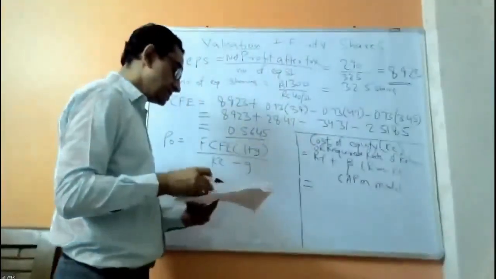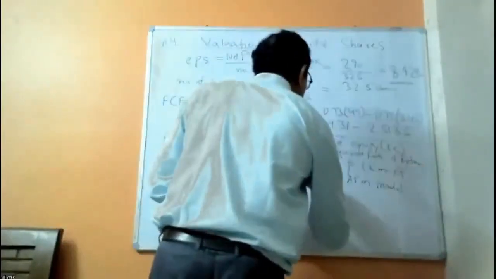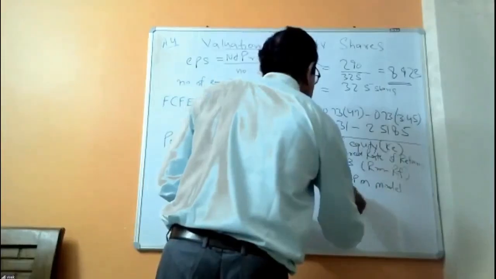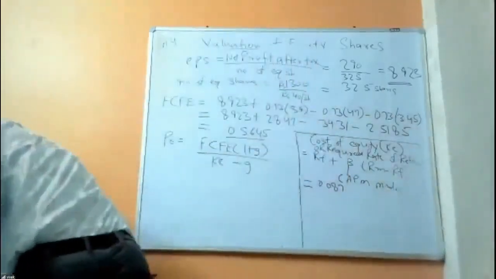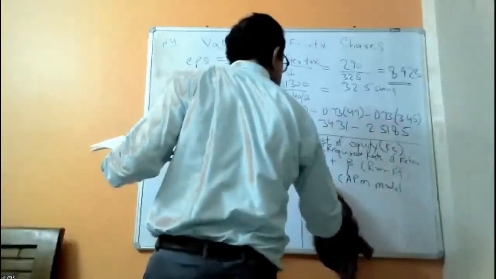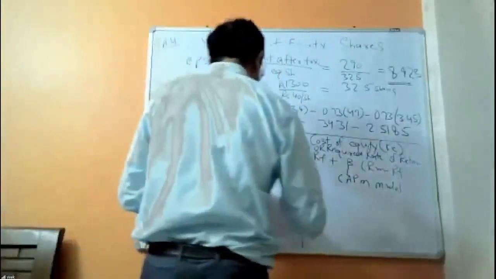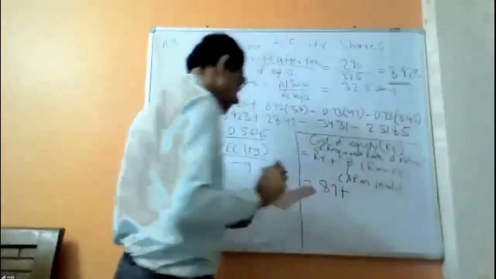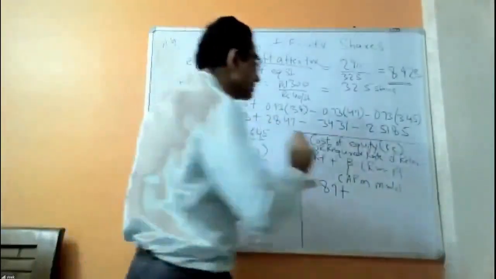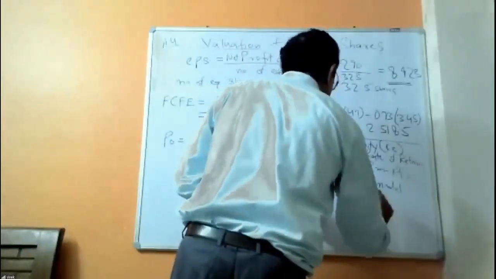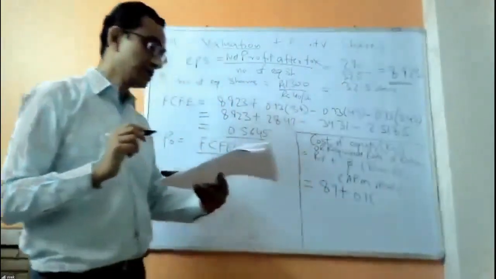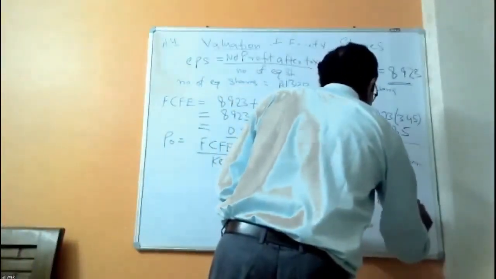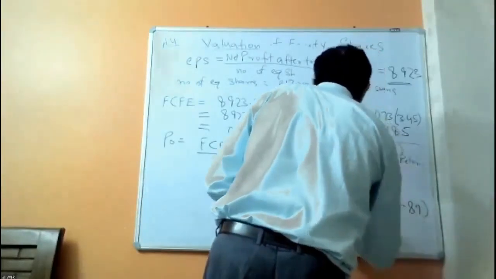The risk-free rate is given in the question, 8.7, plus beta. Beta is given in the question, beta is 0.1. RM is the market rate, RM is given as 10.3%, 10.3 minus the risk-free rate, which is 8.7%.